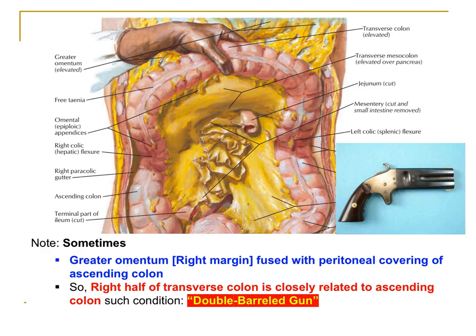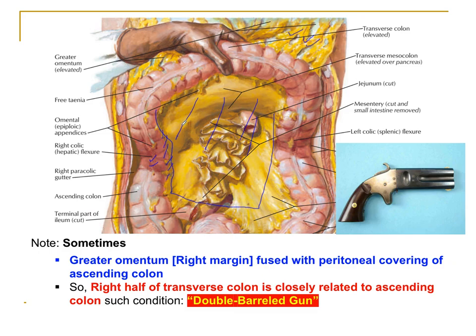And you know that the greater omentum covers this whole area, and sometimes the greater omentum gets between the coverings of the ascending colon, so it may get fused here in this region.